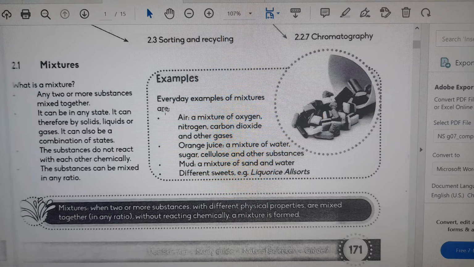Examples of mixtures are air, which is a mixture of oxygen and nitrogen and carbon dioxide and other gases. Orange juice is also a mixture of water, sugar, cellulose, and other substances. Mud is a mixture of sand and water. Different sweets, if we mix them together, it's a mixture.